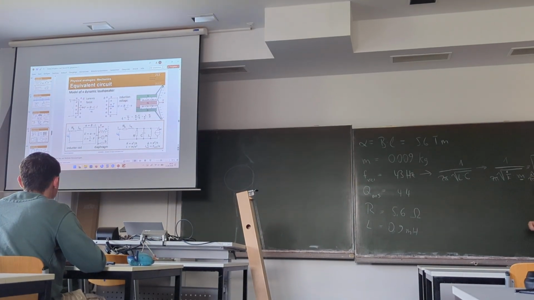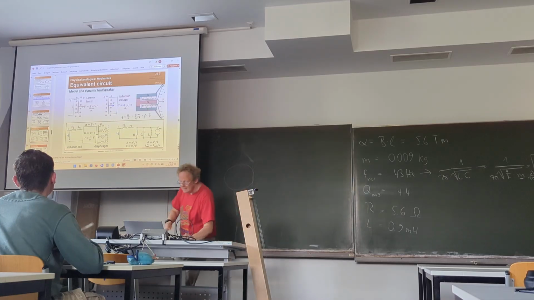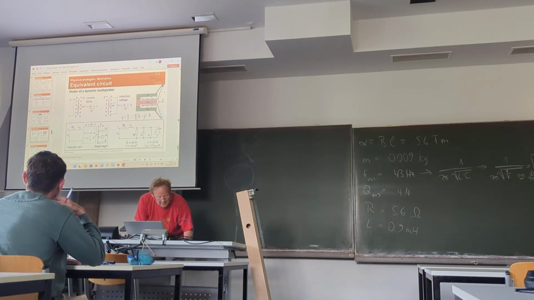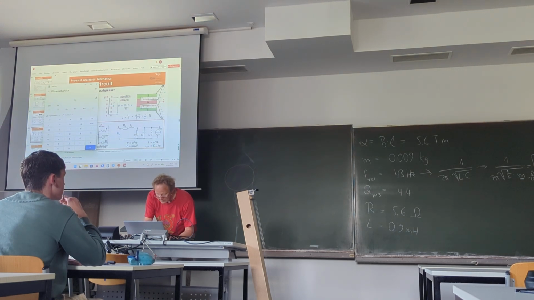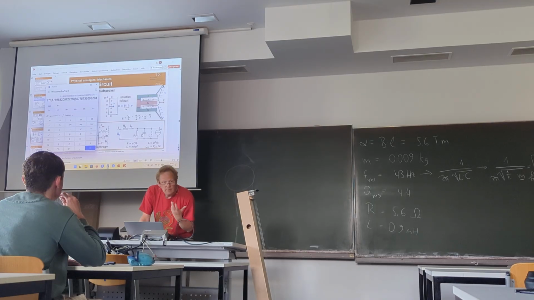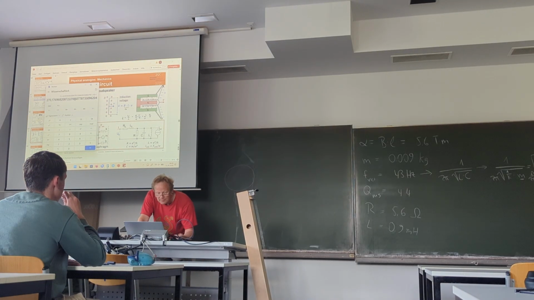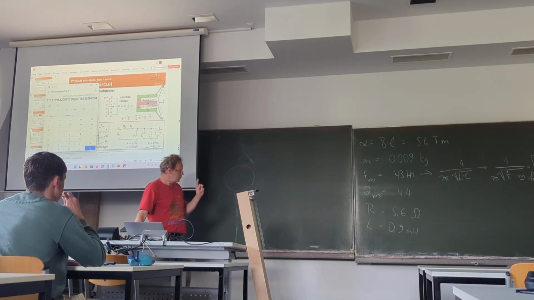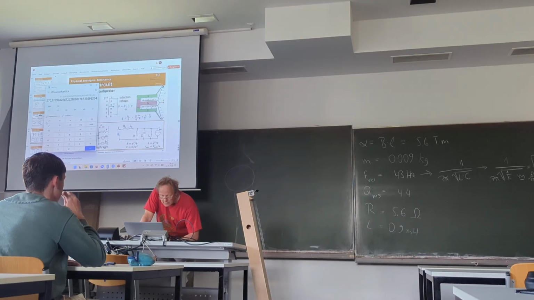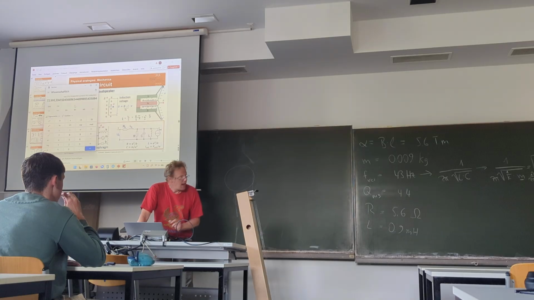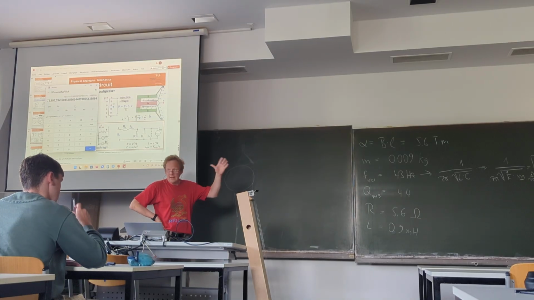So then let's take a calculator and calculate. We need to square it. And, well, that's k over m.